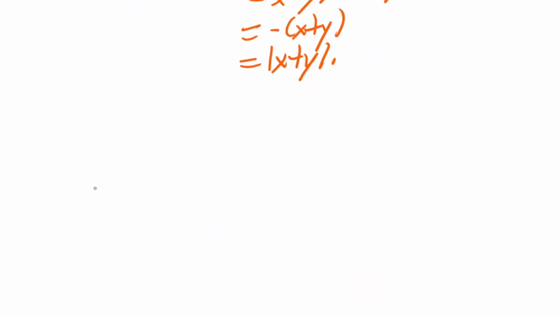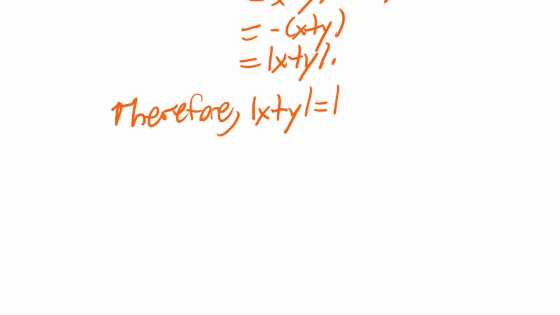So these are all the cases that we need to look at for this theorem. So we have proved that the absolute value of x plus y is less than or equal to the absolute value of x plus absolute value of y as desired.